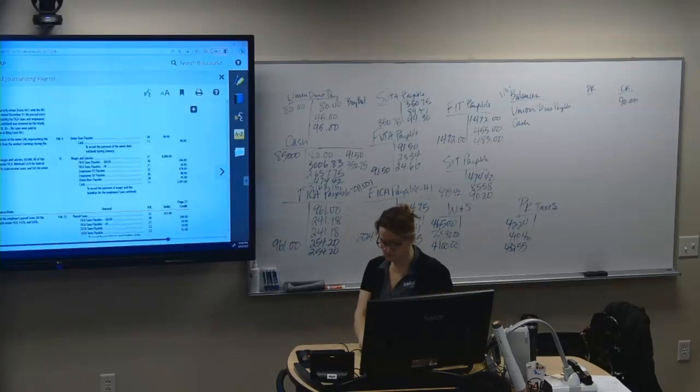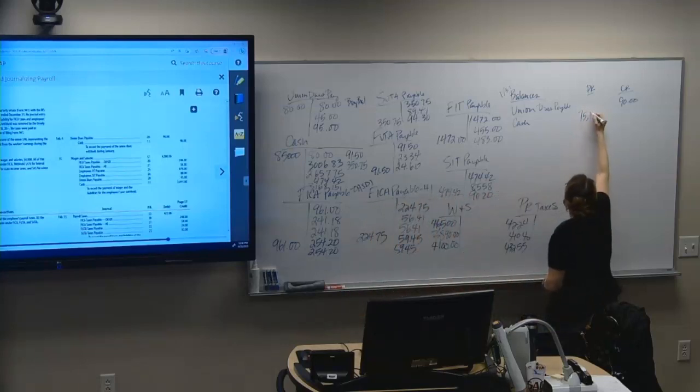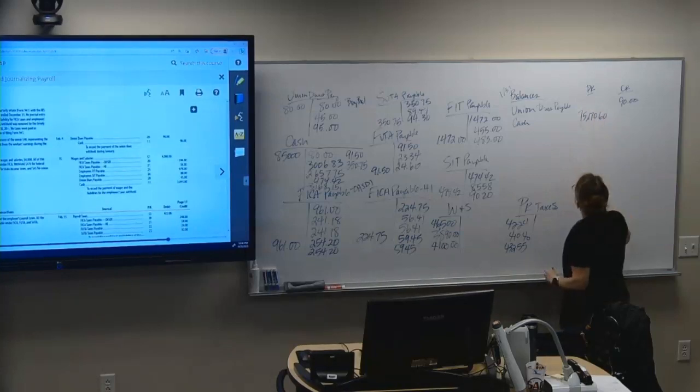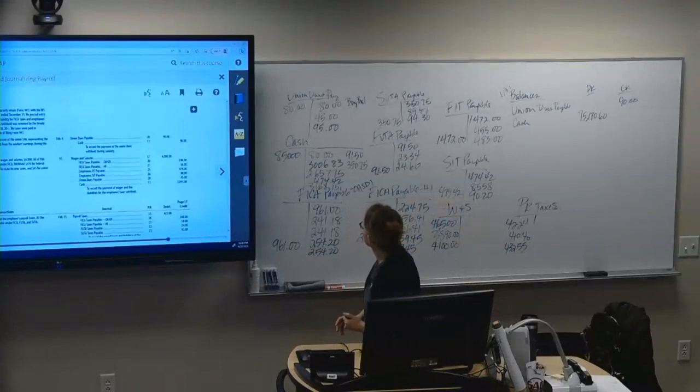So 85 minus 80 minus 83 minus 26575 minus 4742 minus 31618 minus 91 5 75 170 60. So that's how much cash we have in the bank here.